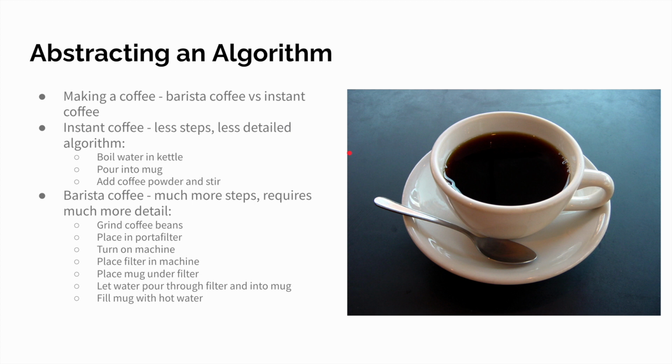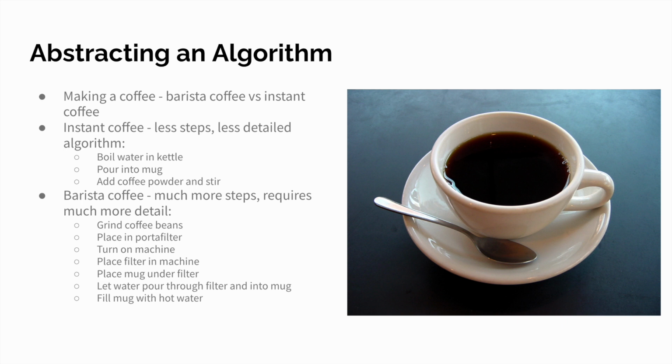There's a barista, fancy coffee, or just an instant coffee that you might have in the morning at home before school. So for making an instant coffee, there's fewer steps, and therefore it's a less detailed algorithm, or a more abstract algorithm. Just boil the water in the kettle, pour into the mug, add the coffee powder, and stir, and you've effectively made your coffee.